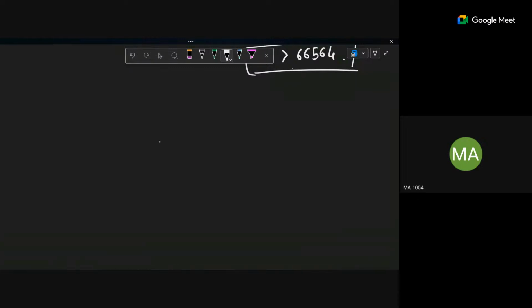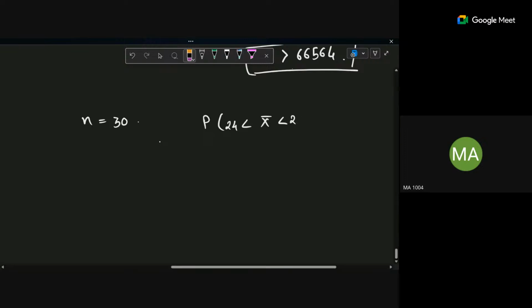Yeah, how to start? So we are given n is 30, right? And the question is to find the probability that this x bar is ranging between 24 to 27, right? Is the question clear to you? Yes, 24 to 27, fine. Then what we'll do?